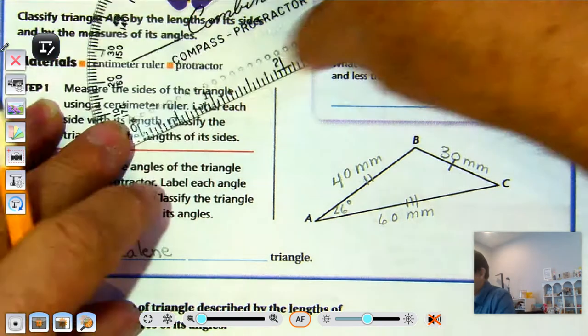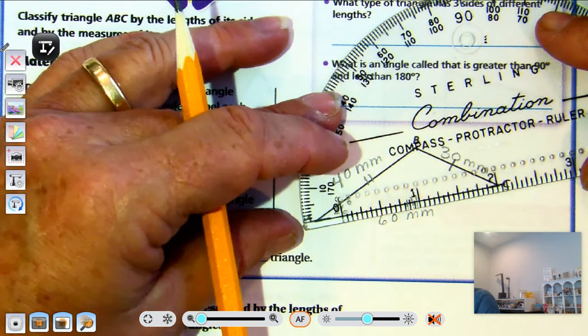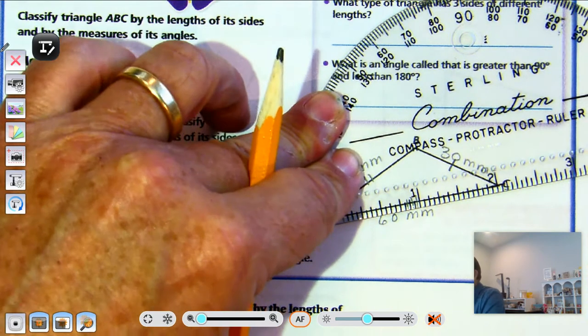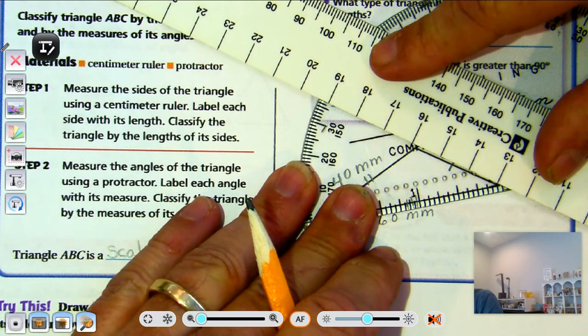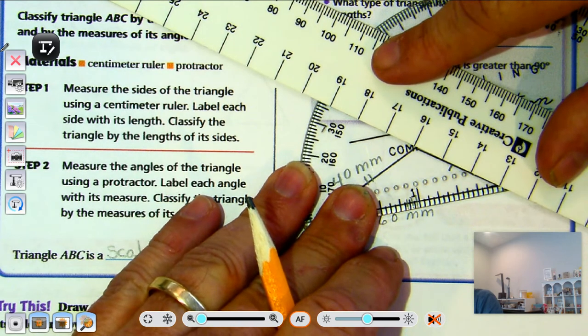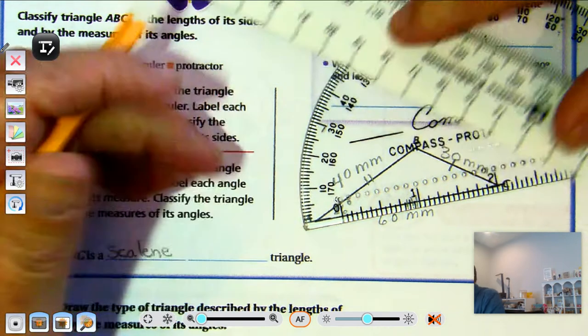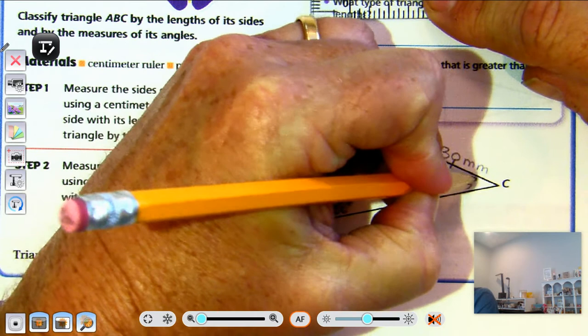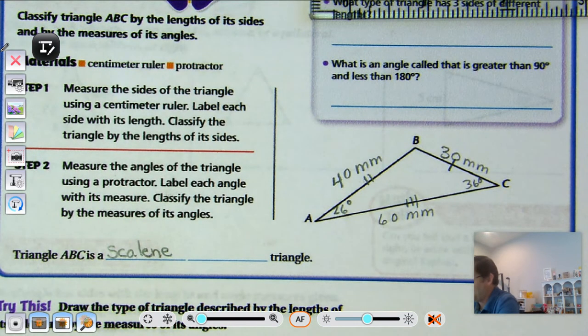Okay, angle C. Extend that out. Looks like it crosses about 36 degrees. Okay, so that would be a 62-degree angle.